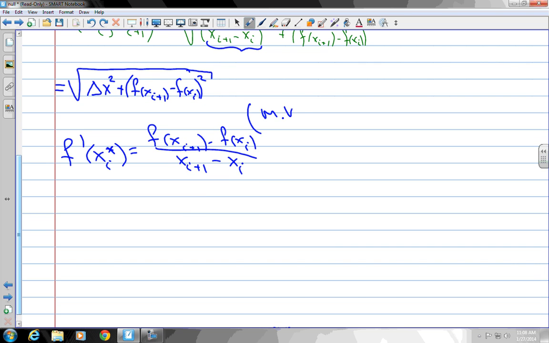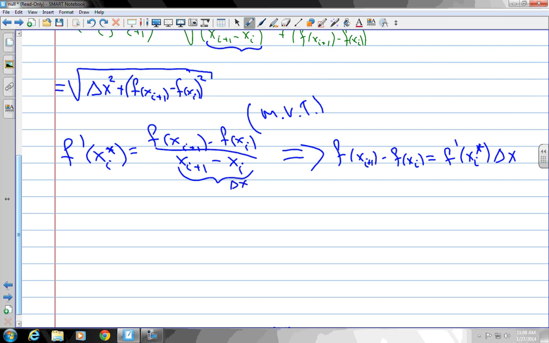By some clever manipulations, this is delta x right here. I can say that f of x sub i plus 1 minus f of x sub i is the same as f prime at x sub i star times delta x, just manipulating the formula.